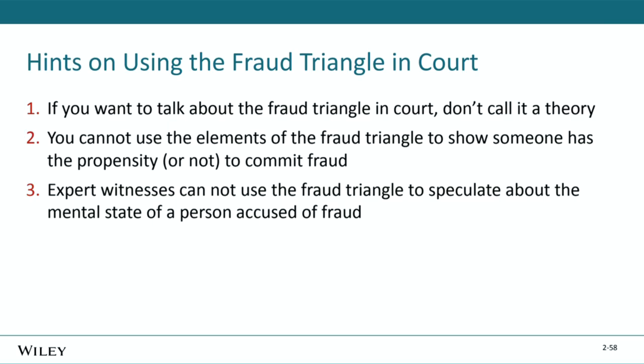You cannot use the elements of the fraud triangle to show someone has a propensity or not to commit fraud. So you can't say, see, he had all three elements of the fraud triangle, so therefore he was more likely to commit the fraud. No. I've been on cases where people had all three and they were completely honest.